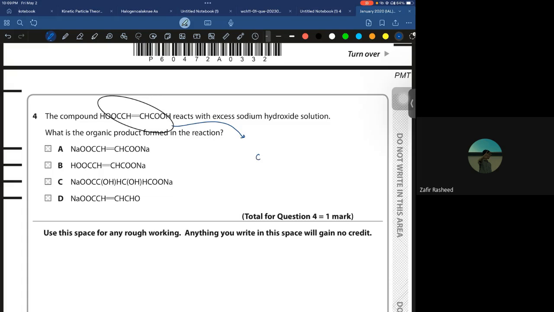This is going to be C double bond OH, then I have carbon, then C double bond O, then OH. Of course, it's an acid. It's going to react with NaOH, and it's going to produce a salt.